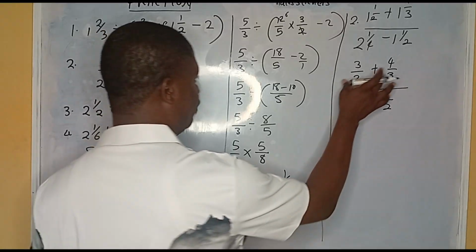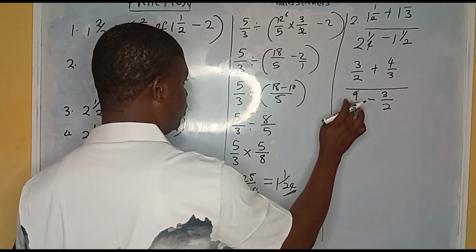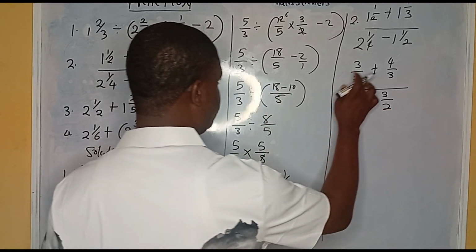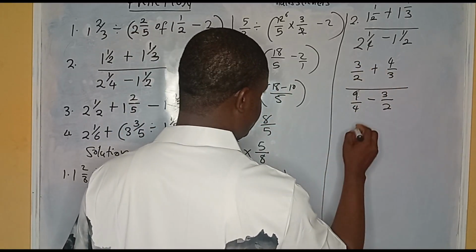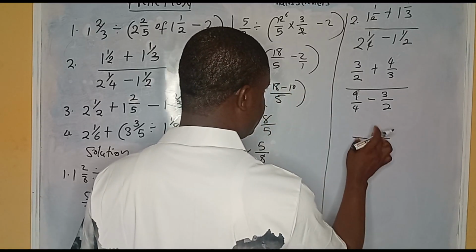Okay, so we're going to find the LCM of 2 and 3, and also find the LCM of 4 and 2. What is the LCM of 2 and 3? Which is 6. That will give us 6.